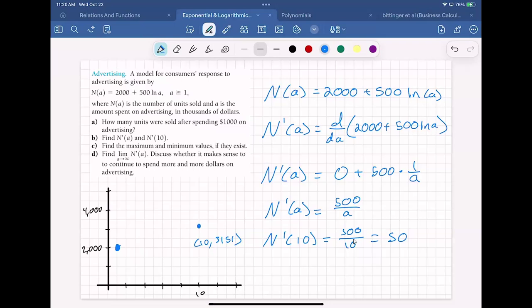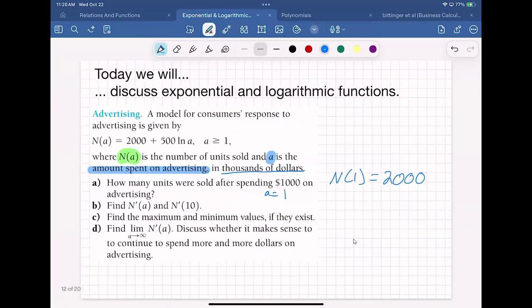The domain is restricted. First and foremost, anytime you see natural log, I only want positive numbers, no zero, nothing. But remember, that's an important piece here. I'm going to start at this value, which we already found. That was what this first part focused on.